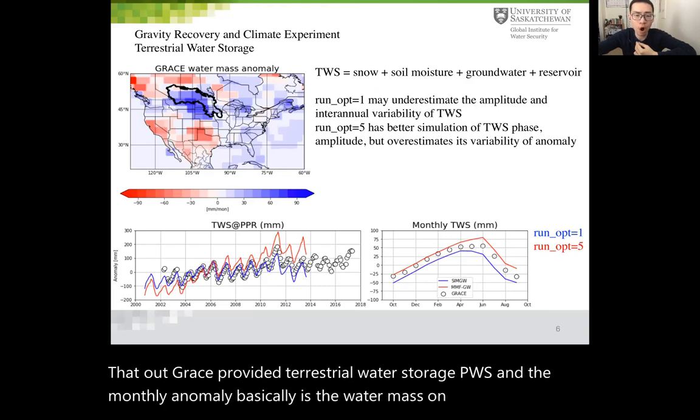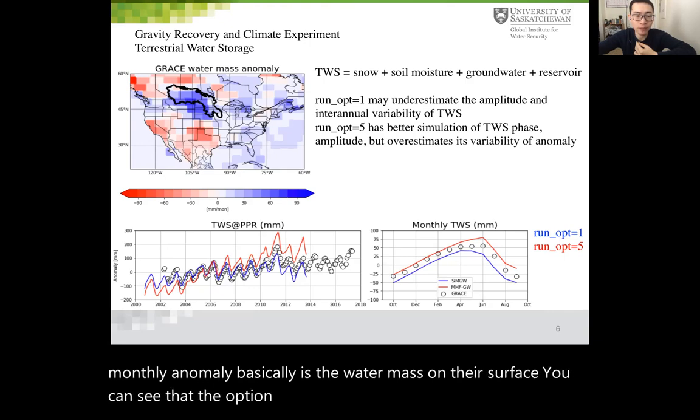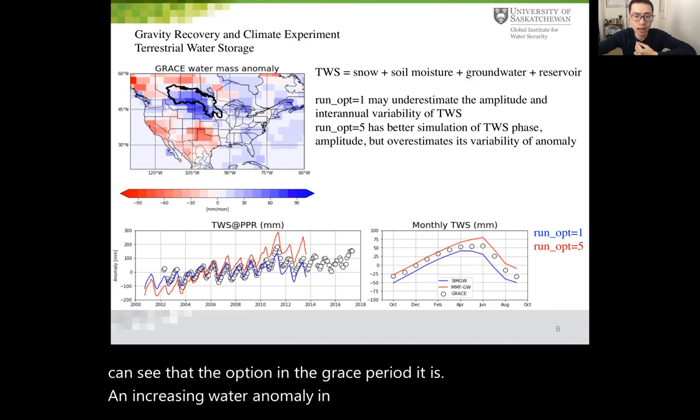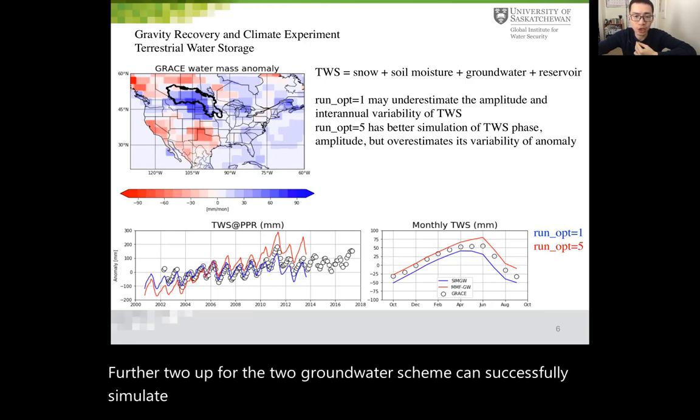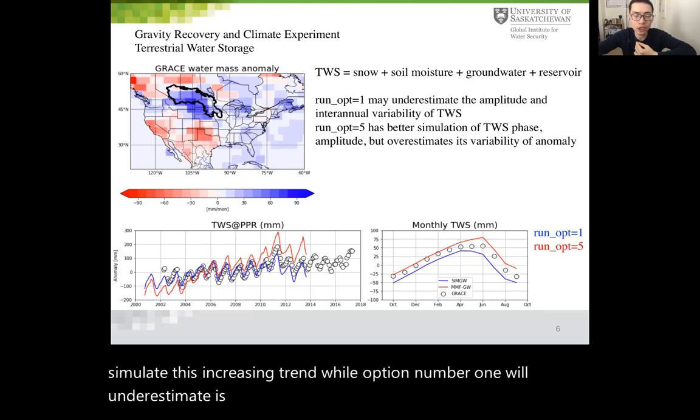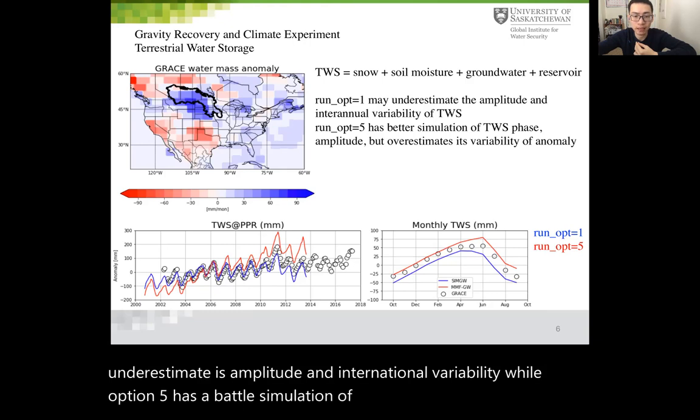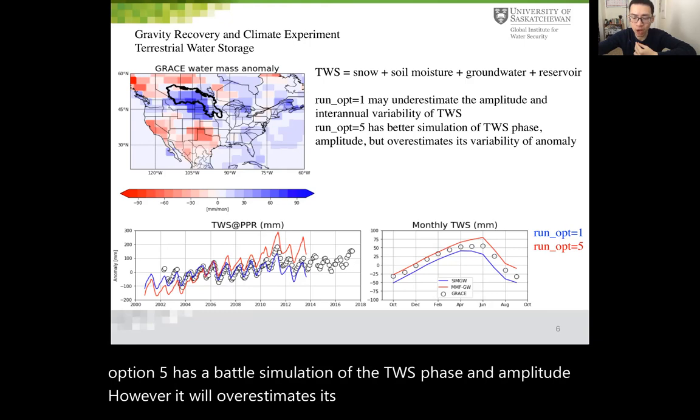You can see that in the GRACE period, there is an increasing water anomaly in the Prairie Pothole region. The two groundwater schemes can successfully simulate this increasing trend, while option number 1 will underestimate its amplitude and interannual variability, while option number 5 has a better simulation of the TWS phase and amplitude. However, it will overestimate its variability and anomaly.